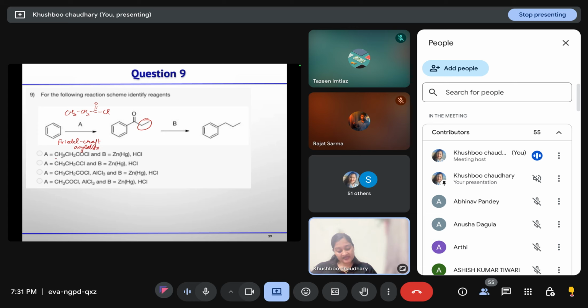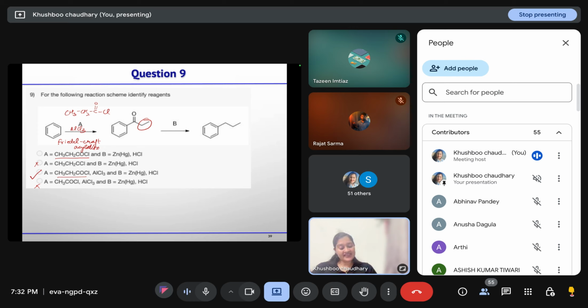So according to that, CH3CH2COCl is correct, and CH3COCl is incorrect. So we can eliminate two options on the basis of this. Now, for Friedel-Crafts acylation to take place, some Lewis acid must be there. In which option are they using Lewis acid AlCl3? Option C. So the correct option is option C.